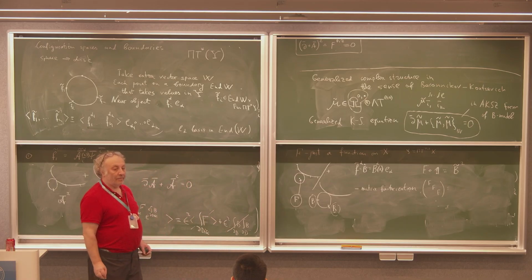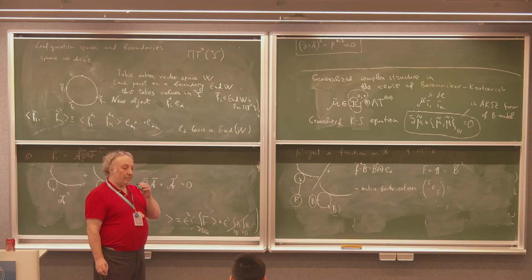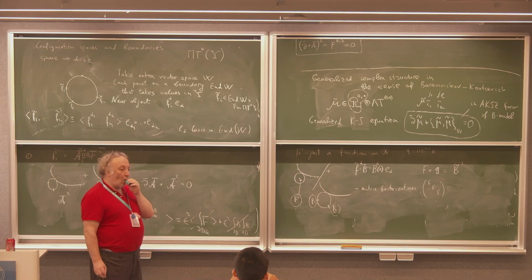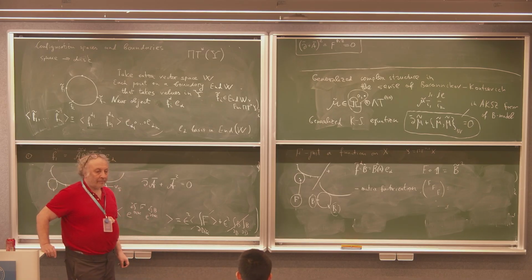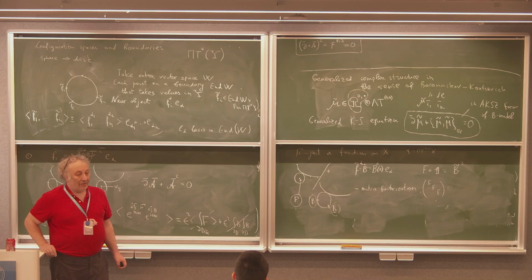And these two terms cancel. Okay, so you mean there are two boundaries of the moduli space? There are two kinds of boundary. One kind is where the bulk point goes to the boundary. Another case is where two boundary points move together and meet. But I need to consider them simultaneously to have a cancellation.